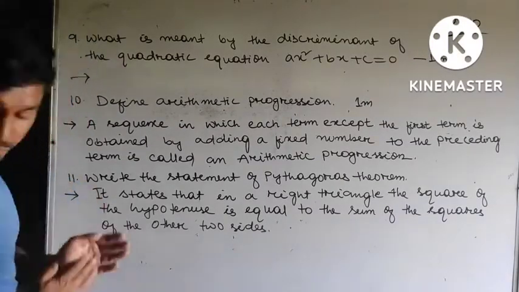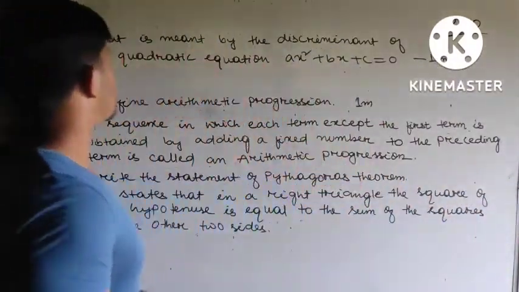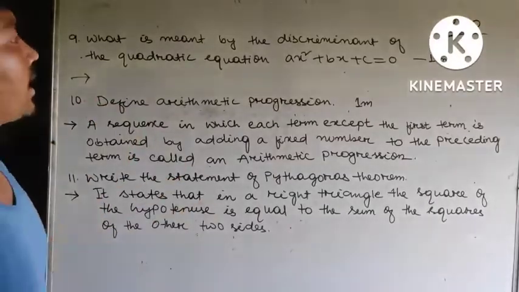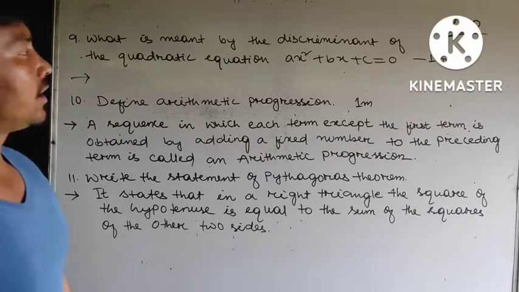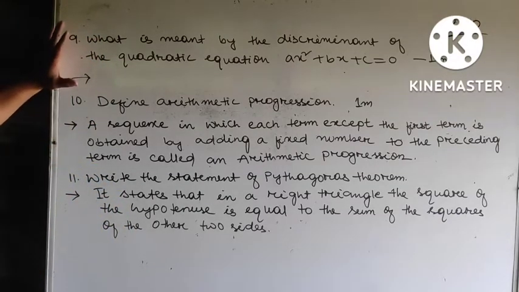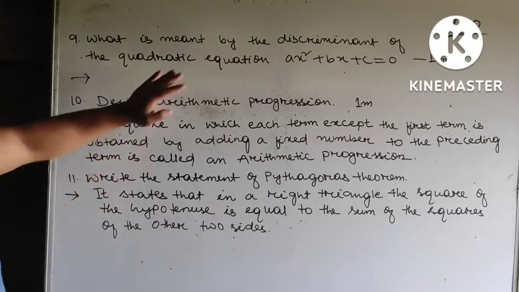Okay, question number 9. What is meant by the discriminant of the quadratic equation ax square plus bx plus c equal to 0? This is from chapter 5. It is just asking the meaning of discriminant, and this is also for 1 mark.